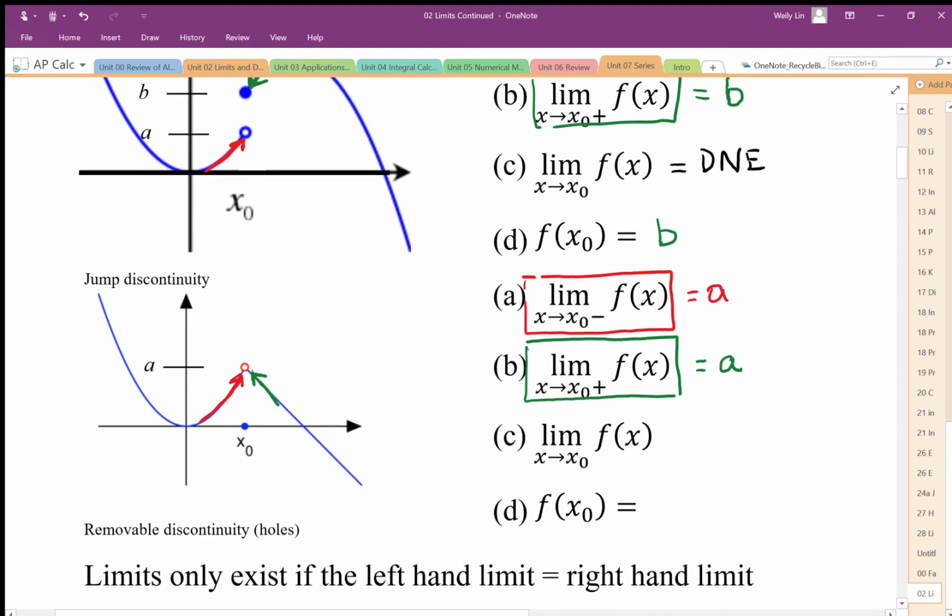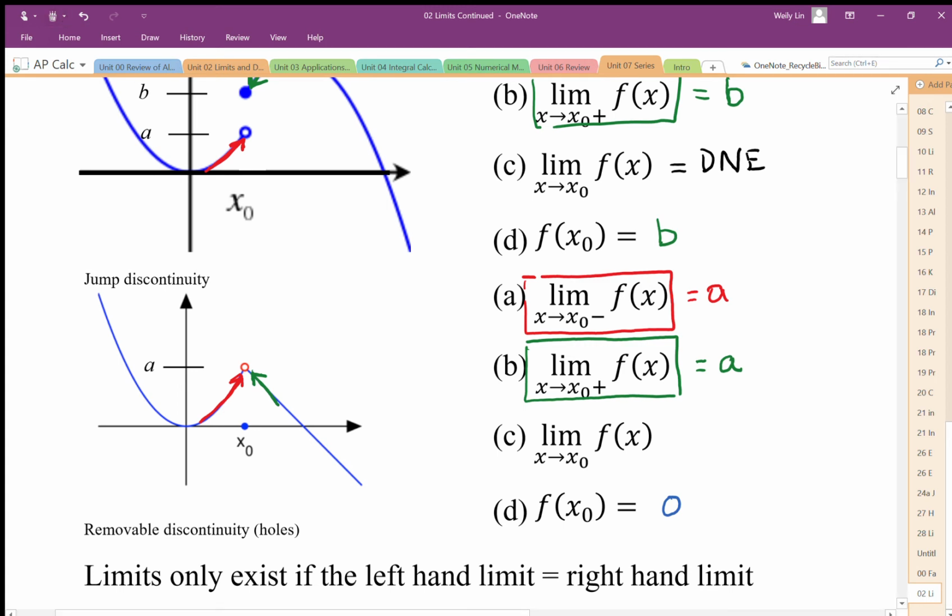When I talk about the actual coordinate at x naught, well, it's actually not equal to either one of those. It's not equal to a. It's actually equal to 0. So there's my actual x naught coordinate. But again, limits have nothing to do with what's actually happening at that point. What's more important for limits is what's happening as we get arbitrarily close.